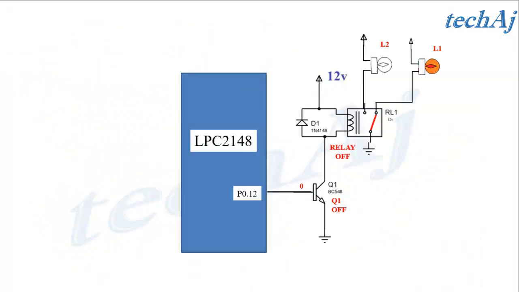Here, we can observe the interfacing diagram of interfacing relay with LPC2148 microcontroller by using a transistor as a driver circuitry. Now here, one of the terminals of the inductor coil is connected to the VCC and the second terminal is connected to the ground through the transistor. The transistor is acting as a switch.